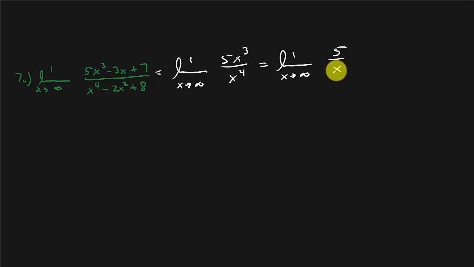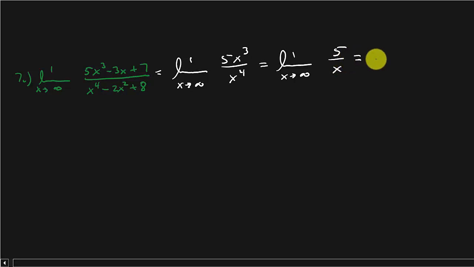So what does that mean the whole fraction's doing? Well, the whole fraction would be getting smaller and smaller, right? And if you don't believe me, get your calculator out and do 5 divided by 10, 5 divided by 100, 5 divided by a million, 5 divided by a billion, and watch what that fraction does. It's getting smaller and smaller and smaller. It's going to 0. Okay?